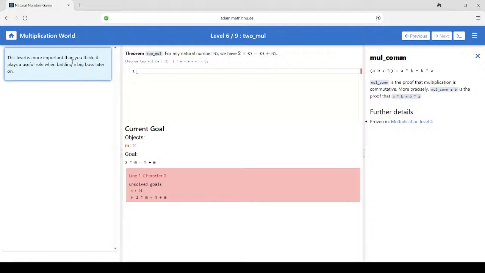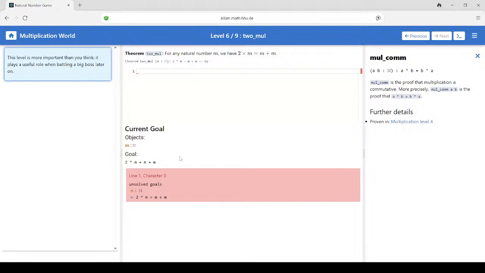This level is more important than you think. It plays a useful role when battling a big boss later on. It's a secret surprise tool we'll use later, as the meme goes. Anyway, 2 times m equals m plus m.